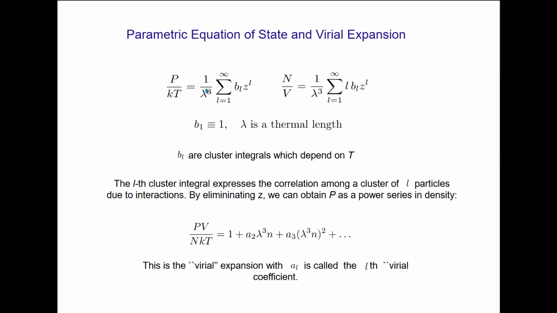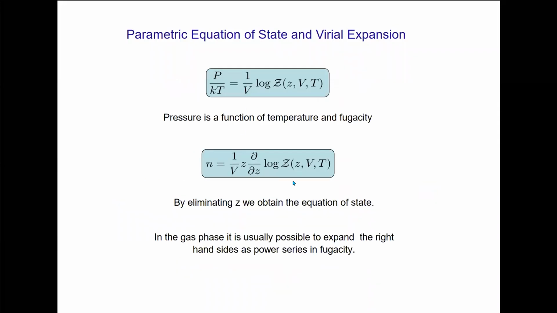So we need to put some quantity which has the dimension of the volume. And it's convenient to put 1 over lambda cubed, where lambda is the thermal length in the system.